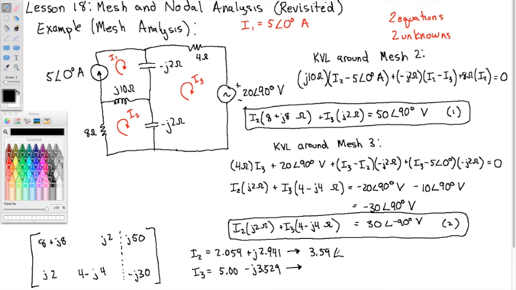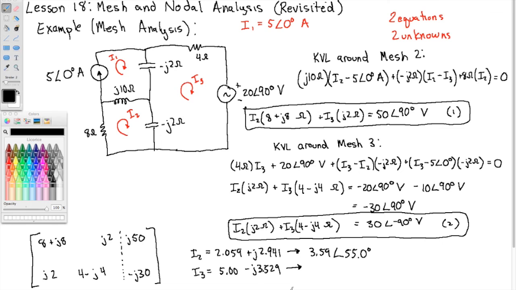And if you use the command phase in Matlab, that gives you radians back. So if you want degrees, you can use the command rad2deg, R-A-D, the number 2, D-E-G. So this gives us an angle of 55, we'll call it 55.0 degrees.